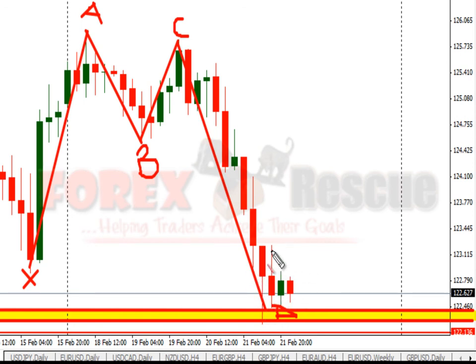You can see the formation of multiple candlesticks showing dying momentum around this point D. So our bias for this trade is to look out for a valid price action setup that will give us more reason to buy. Of course, you know that the Euro JPY has been trending high for a long period of time now, since June 2012. So I expect that what this setup is trying to portray is that the trend is about to resume its upward direction.